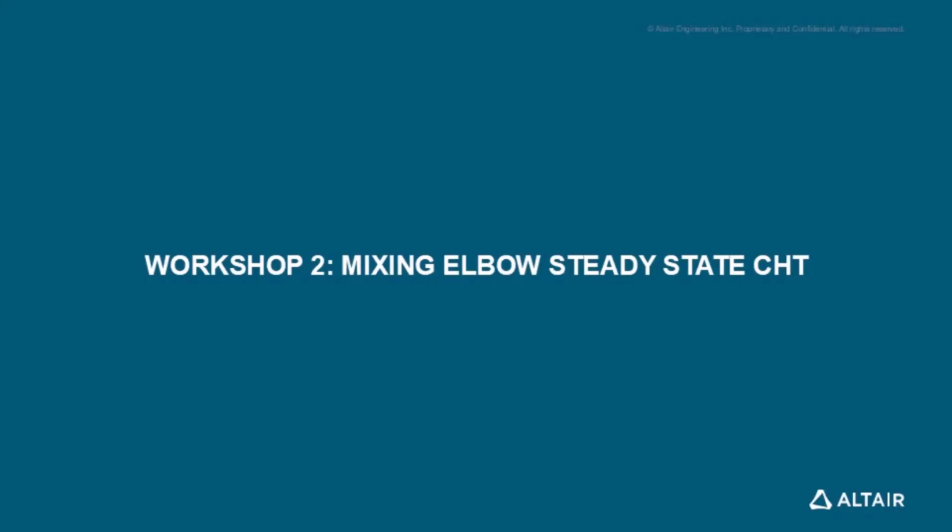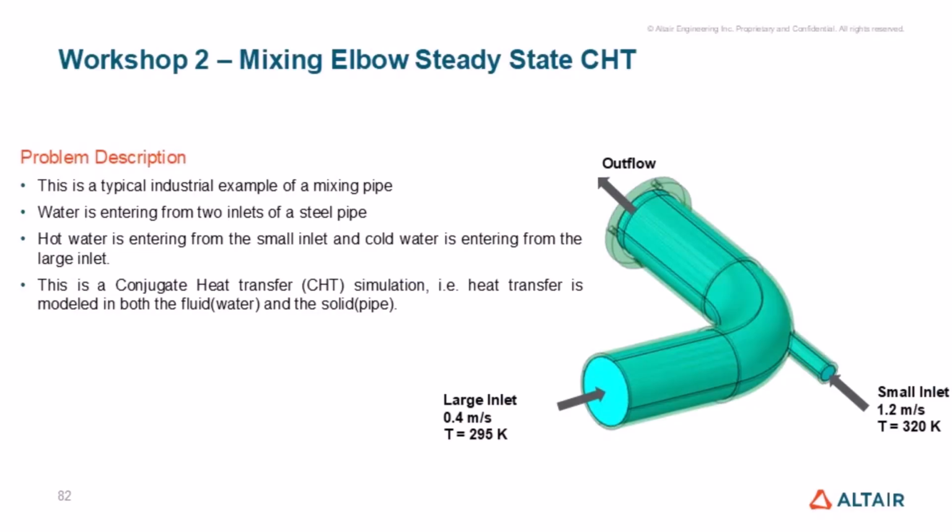Howdy y'all. Welcome back to SimLab CFD training for AcuSolve. The objective of this second tutorial is to show a general workflow for conjugate heat transfer simulation in SimLab. We will use a stainless steel mixing elbow for this tutorial, and for the problem, we will have 2 inlets and 1 outlet.